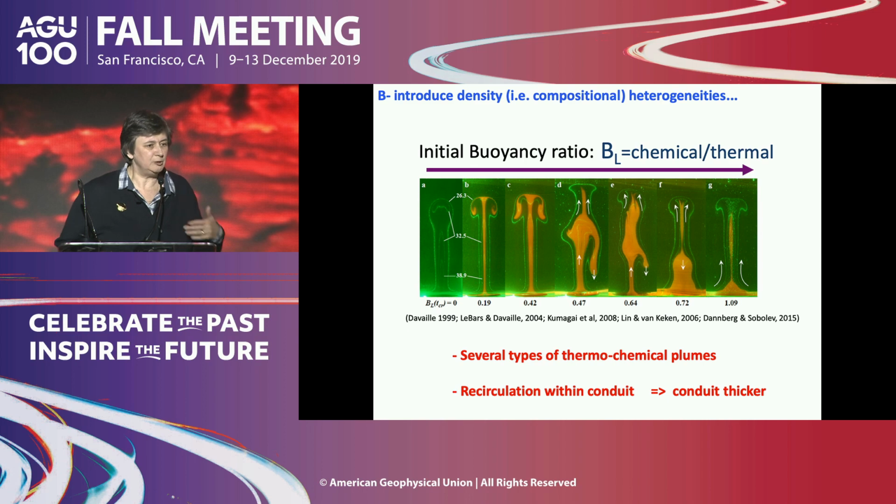Now, if you introduce density heterogeneities, and we know that they exist, some patches with more iron or more crustal content, then you have an interplay between the density of chemical origin and of thermal origin. In this case, by increasing the amount of denser material, you can drastically change the shape of convection, the shape of plumes.